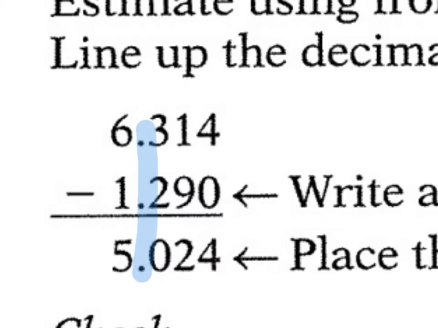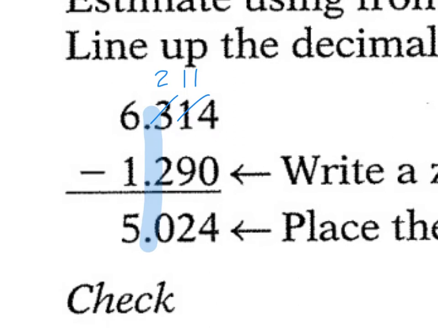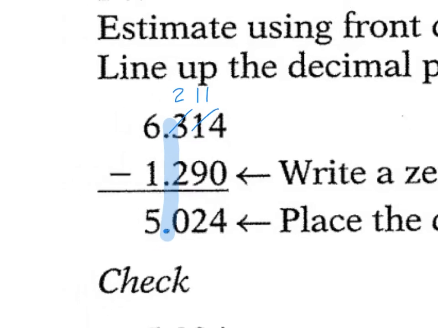Again, here we can subtract 4 minus 0, which is just 4, but we can't do 1 minus 9, so we need to make this an 11, which this now becomes a 2. So 11 minus 9 is 2. 2 minus 2 is 0. We drop down our decimal to make it in the same line, and then we do 6 minus 1, which is 5.